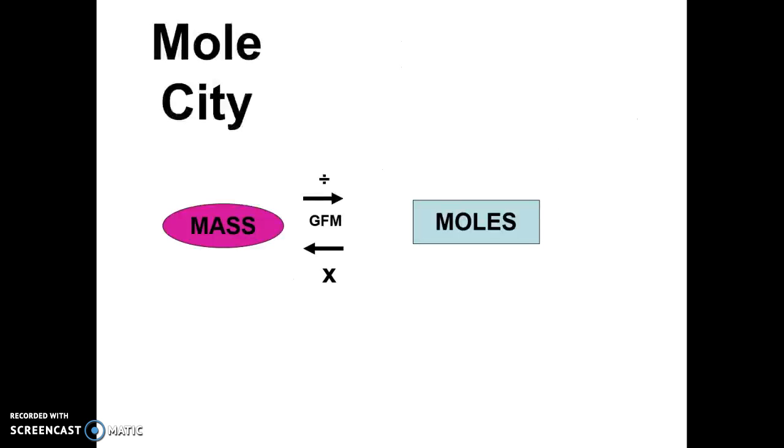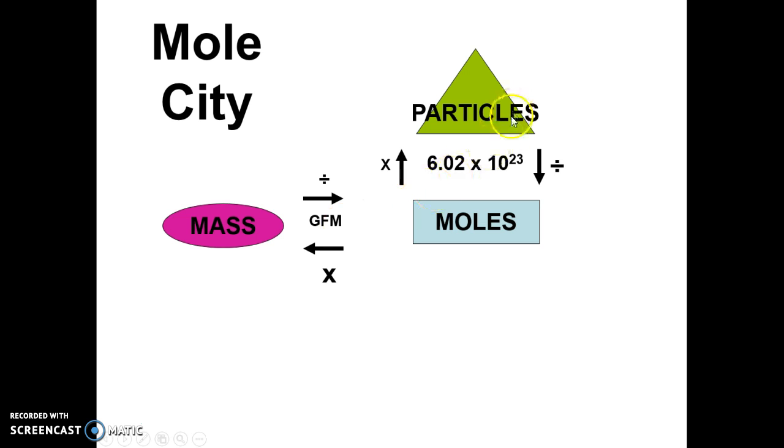So let's recap all the conversions that we've discussed to date. First, we discussed how to convert between mass and moles, and the conversion factor between mass and moles was the gram formula mass of that substance. And recall that every substance has its own unique gram formula mass. We then talked about how to convert between the number of particles and the number of moles, and the conversion factor was 6.02 times 10 to the 23rd particles per mole.